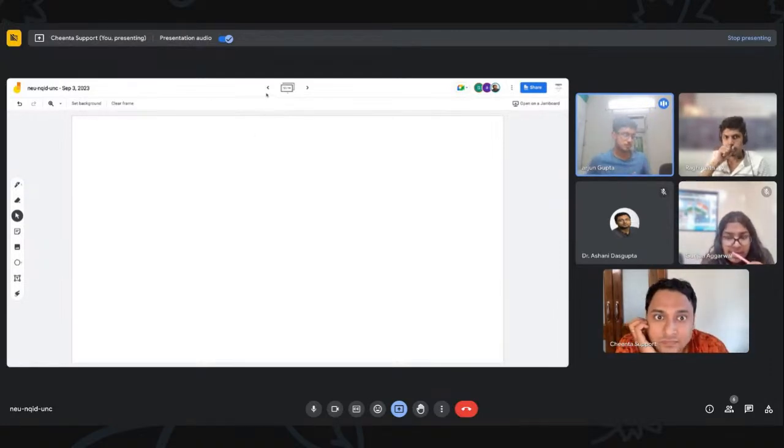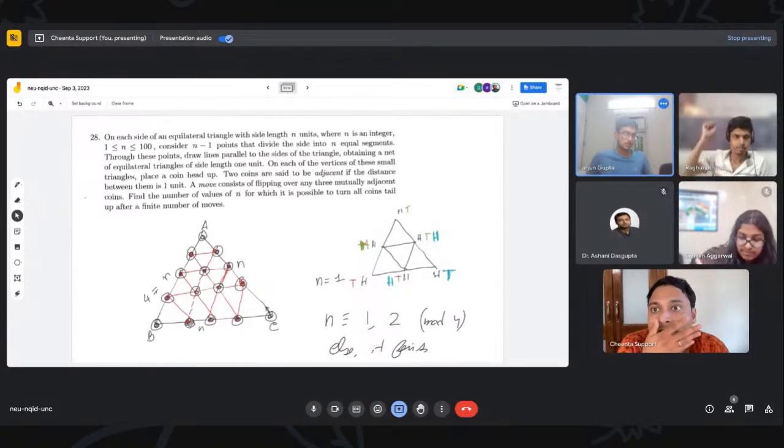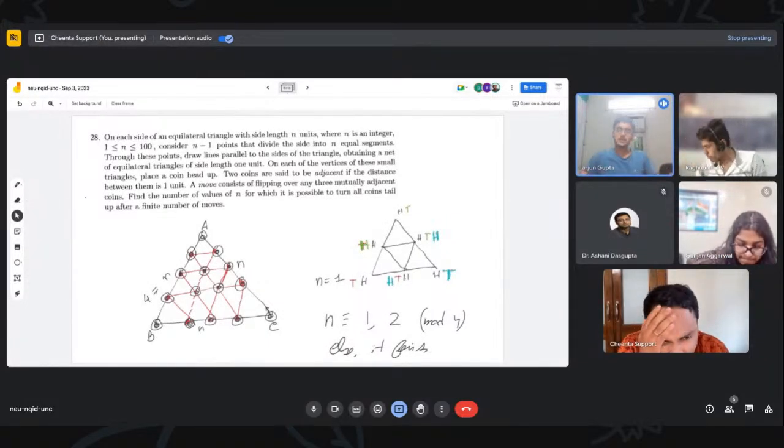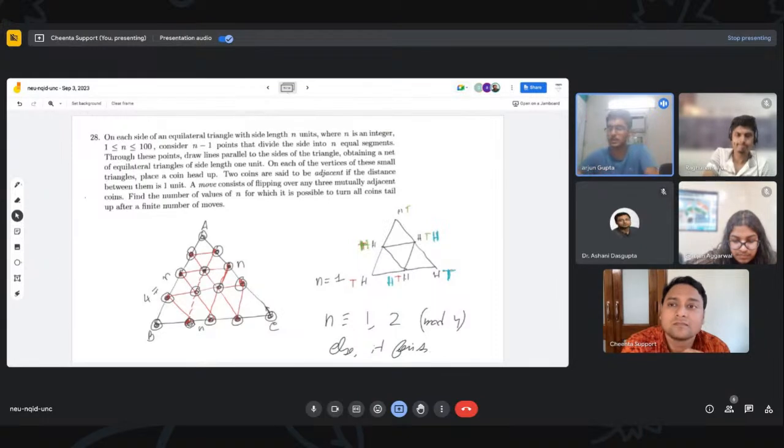So our approach for this question would be to choose a set of triangles such that if we pick any vertex, then the number of triangles in which it is a vertex is odd. And if we are able to pick such a set of triangles, then we are done. So I'm on slide number 12 and I'll try to write this more formally.